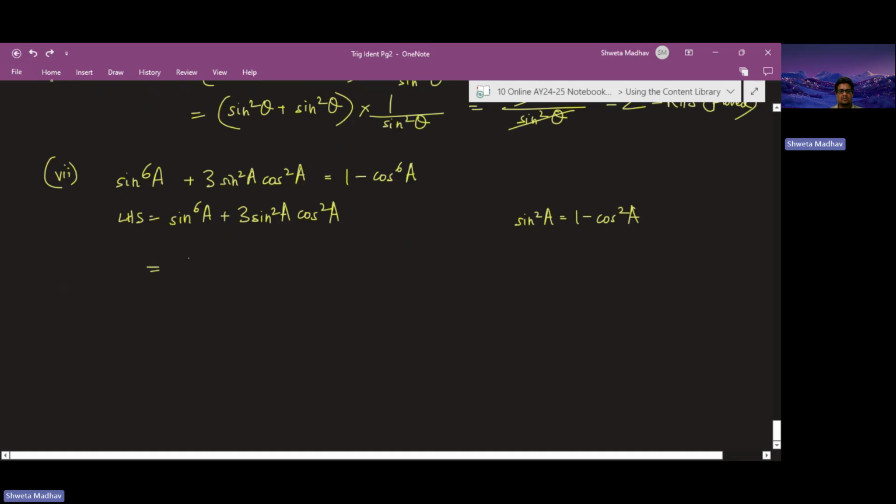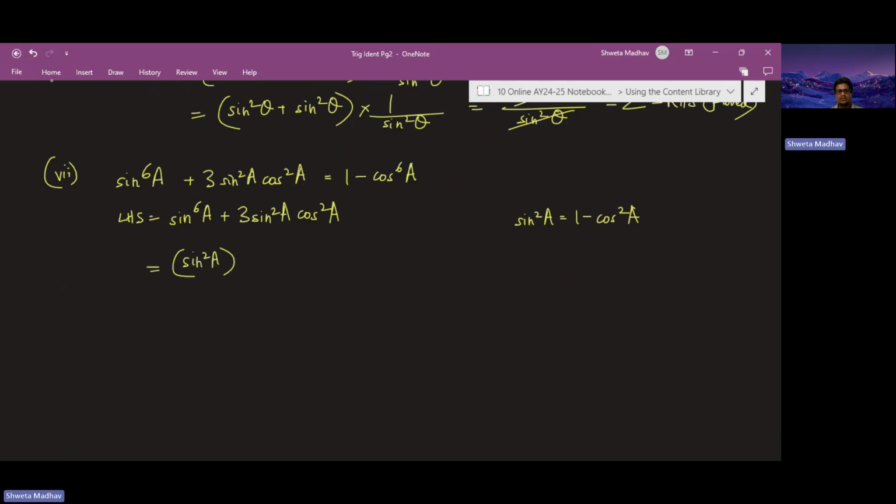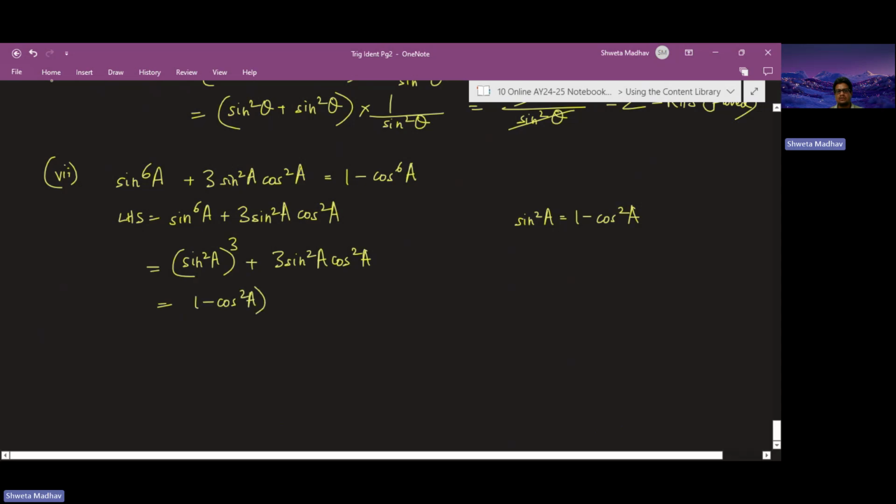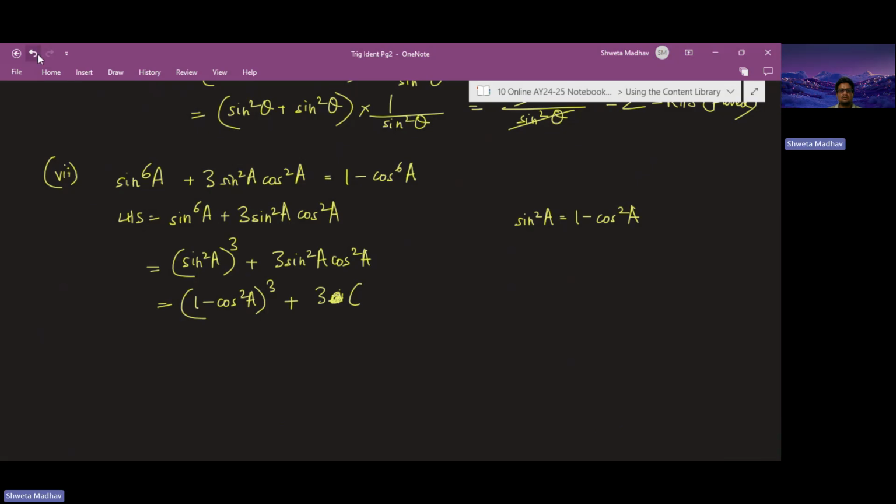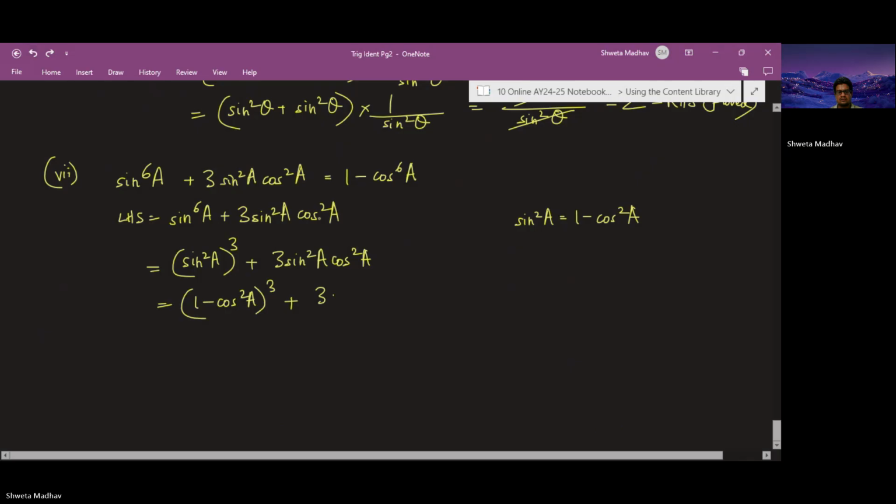So this sin power 6a we can write as sin square a whole cube, plus 3 sin square a into cos square a. This sin square a will be written as 1 minus cos square a whole power 3 plus 3 into, again sin square a as 1 minus cos square a, into cos square a.